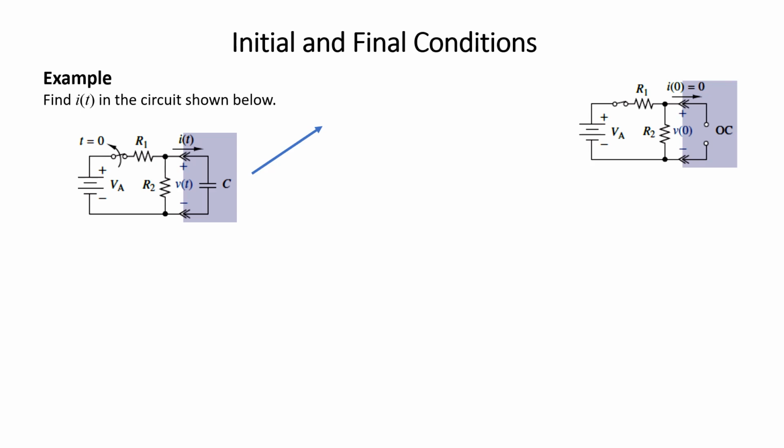Note that if the switch is closed for a long time, it will appear like this. So when the switch is closed for a long time, what will be happening? Current will be flowing through this resistance R2 and through this capacitance as well.